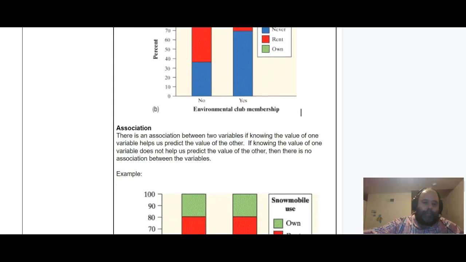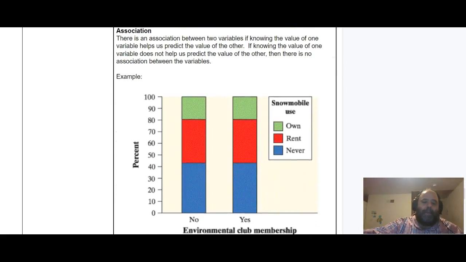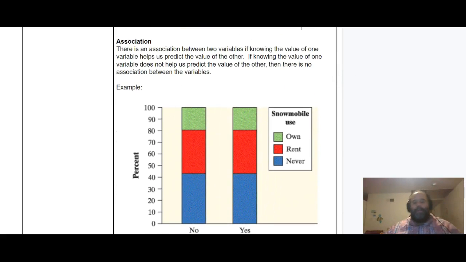All right, so this brings us to the topic of association. Do these two categories impact each other? And here's the interesting thing. This segmented bar graph says that they do not. The one you're looking at here on the screen says they don't, because the percentage of owners, renters, and nevers is independent of the no and the yes groups.